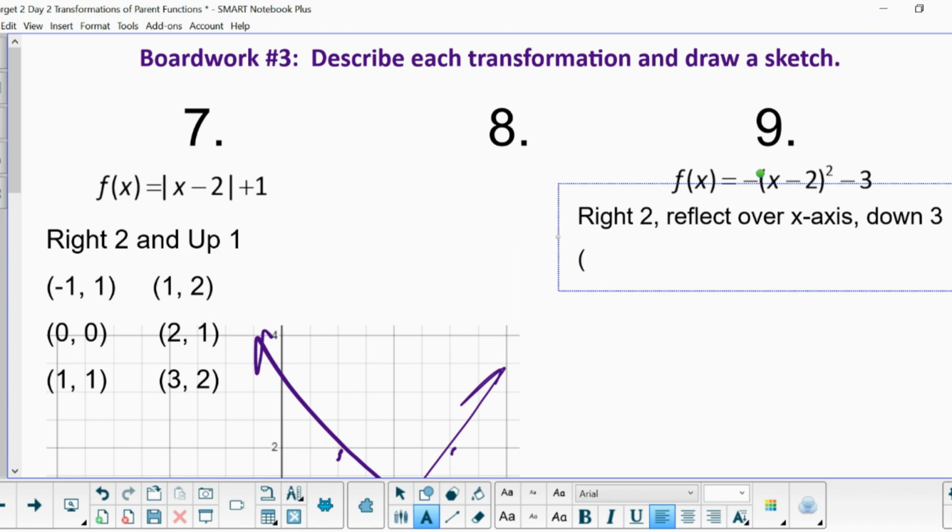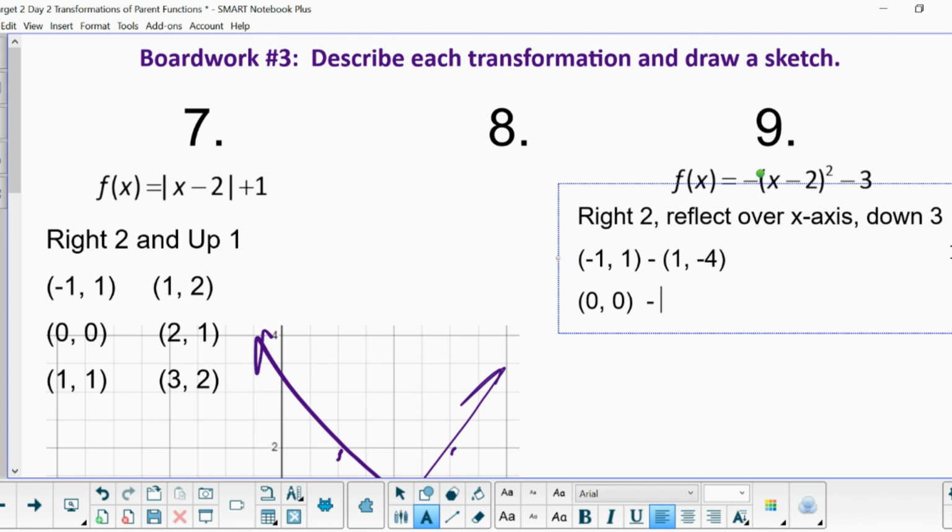And I will do it with points again. So this is your squared function again. So you have -1, 1. If it goes right 2, you're going to go to 1. You're going to make your y negative, so that's a -1, and subtract 3, you're going to have -4. 0, 0 is the next point.